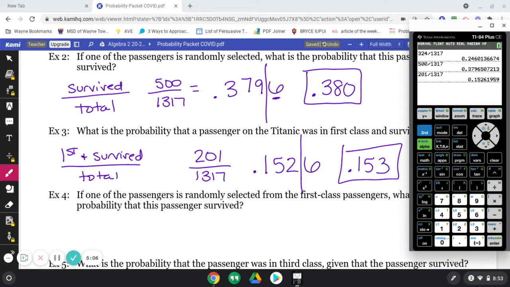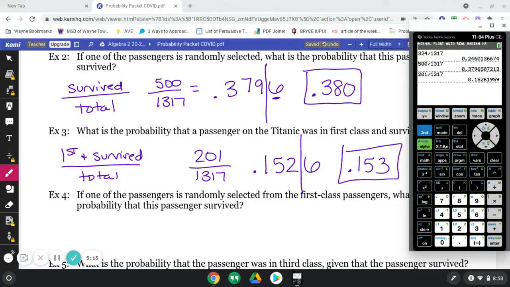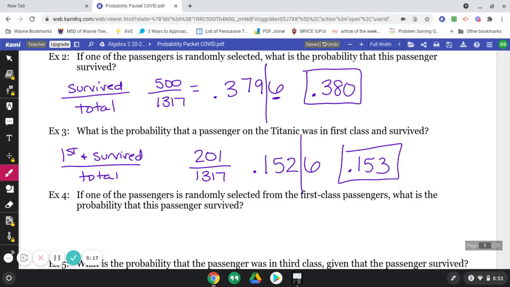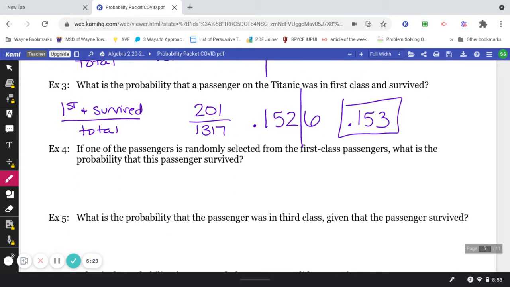All right, example number 4. If one of the passengers is randomly selected from the first class passengers, so we are only selecting from our first class passengers, what is the probability that this passenger survived? So I need the survived, but only out of the first class.